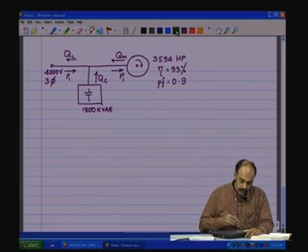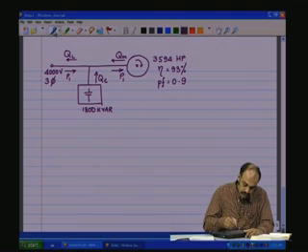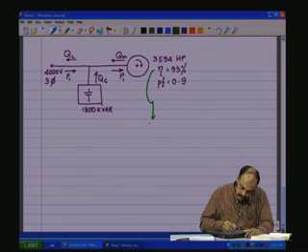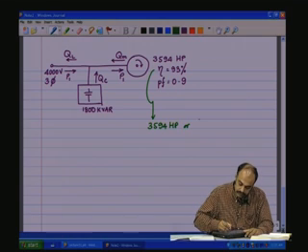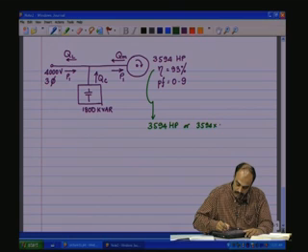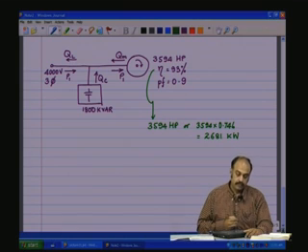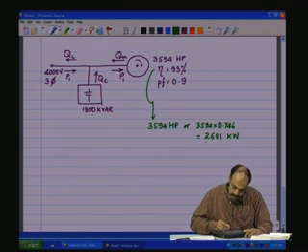So, first of all, we have an output here, which says it is 3594 HP, or 3594 into 0.746 conversion factor, which will give you 2681 kilowatts.